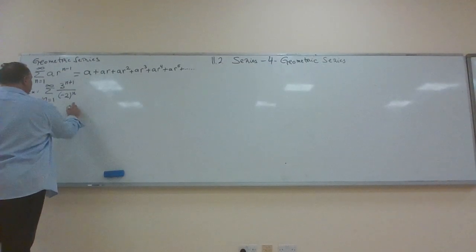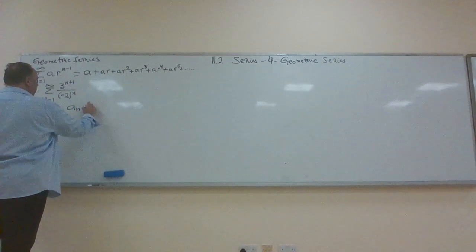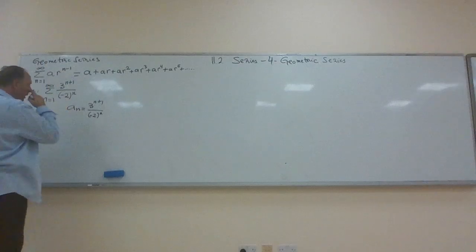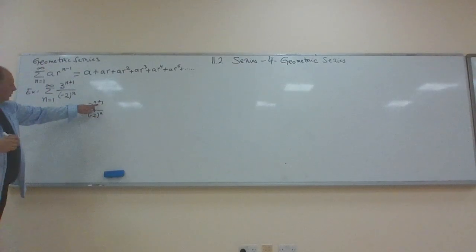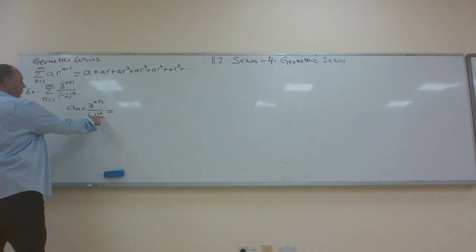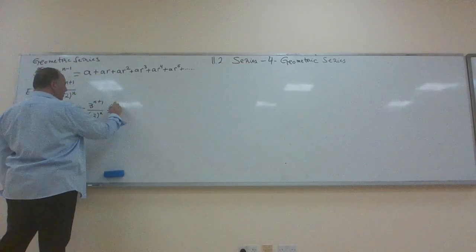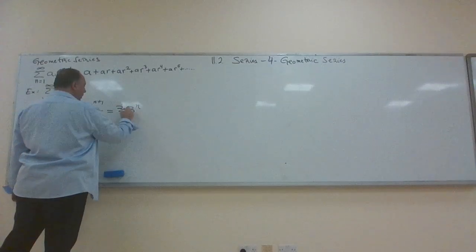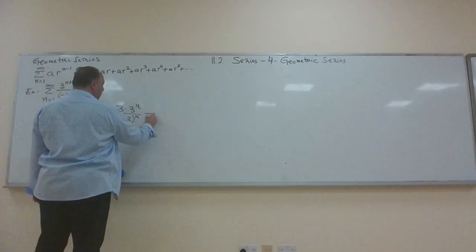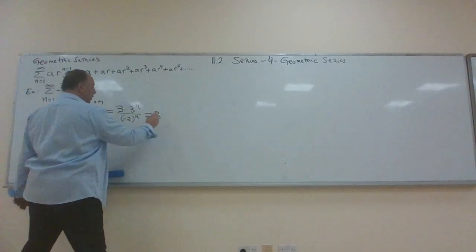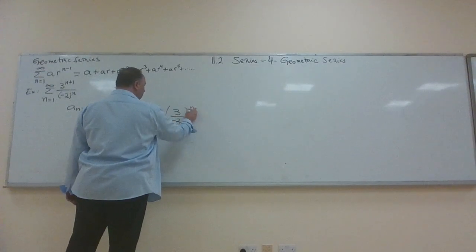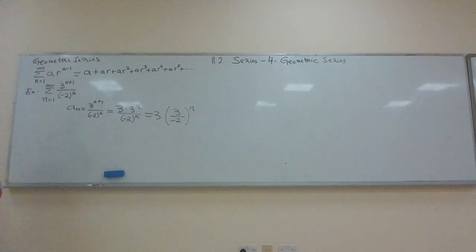So my a_n is 3^(n+1) over (negative 2)^n. I see that the exponent is not the same, so let me rewrite this a little bit. I'll bring everything to exponent n, so this is 3 times 3 to power n divided by minus 2 to power n, which means this is 3 times, and then I have 3 over negative 2, everything to power n.